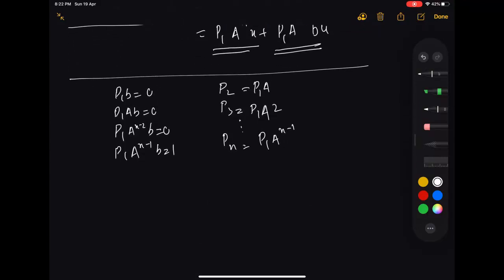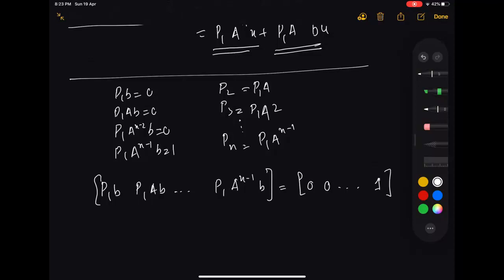So this information, if you have to write it in a more compact way, you'll say something like this. You'll say p1b, p1ab, p1 an minus 1b equal to 0, 0, all zeros, the last one is 1, and you can take this P1 matrix out.